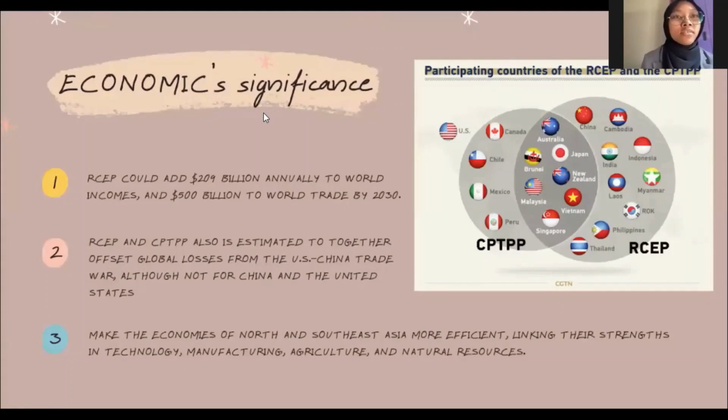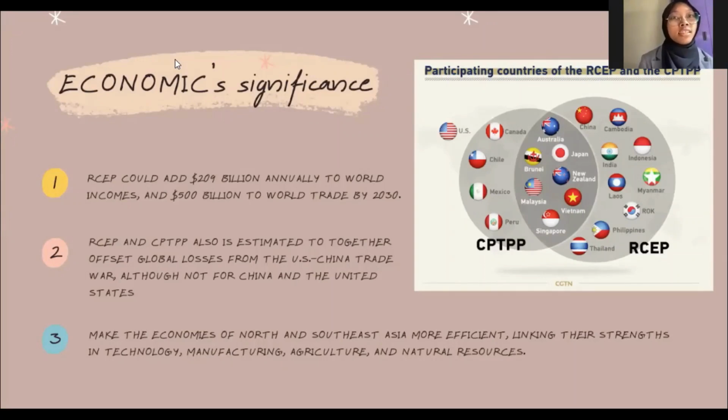Second, RCEP and CPTPP are also estimated to together offset global losses from the US-China trade war, although not for China and the United States. Last but not least, RCEP and CPTPP will make the economies of North and Southeast Asia more efficient, linking their strengths in technology, manufacturing, agriculture, and natural resources.